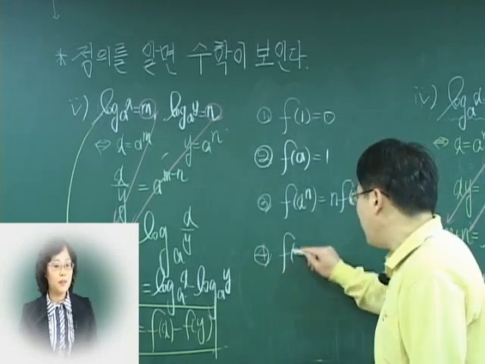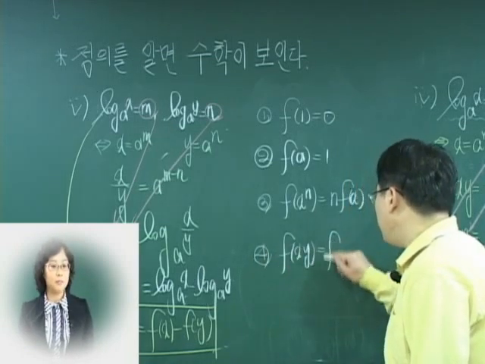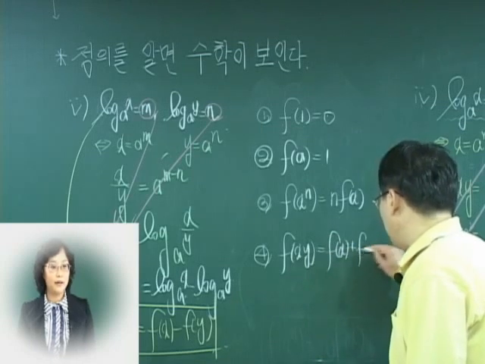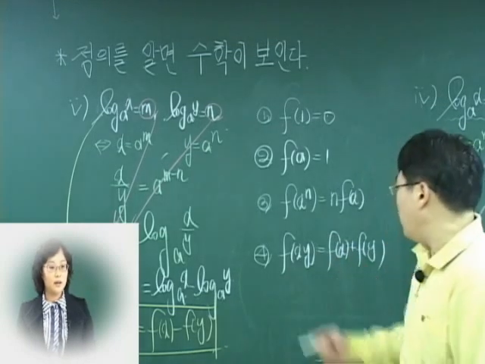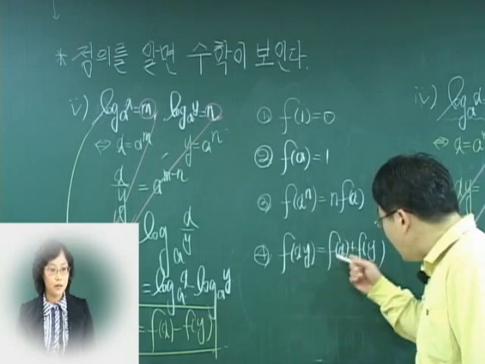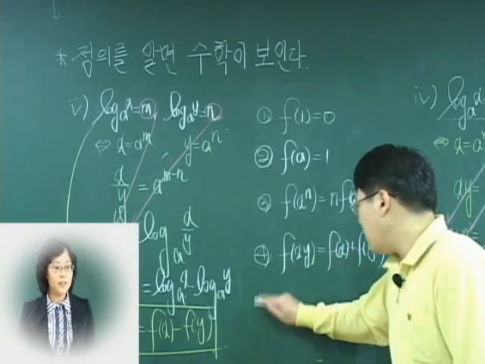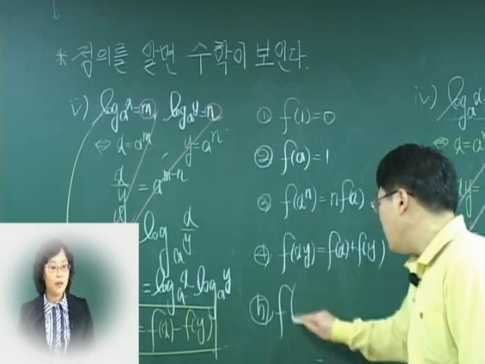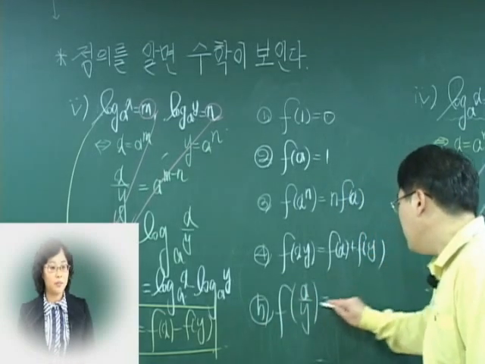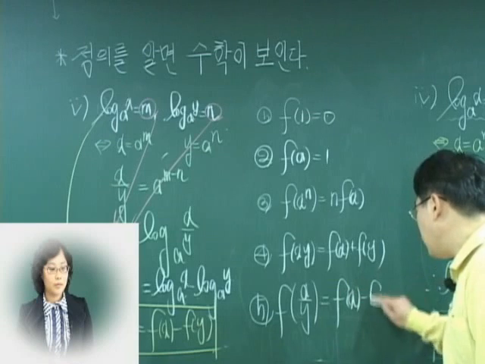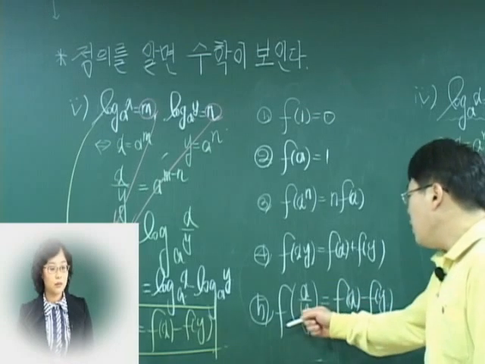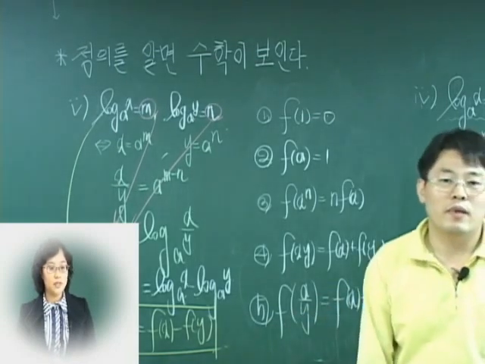And the fourth one is f of xy becomes f of x plus f of y. The multiplication becomes addition. The fifth one is f of x over y becomes f of x minus f of y. The quotient becomes subtraction.